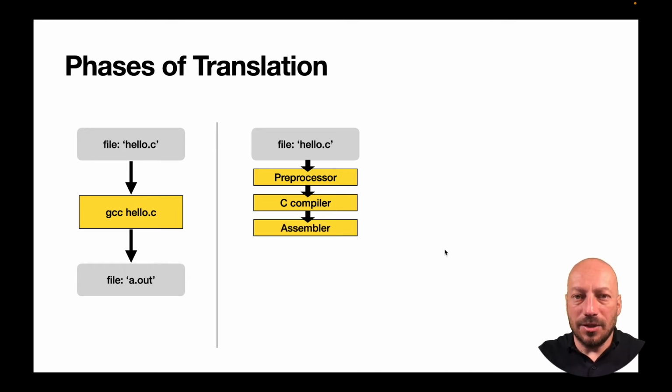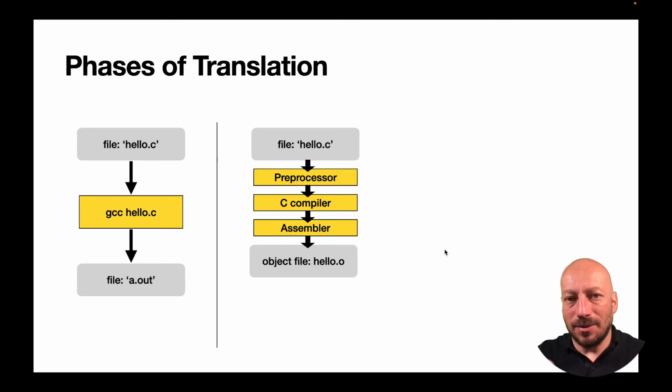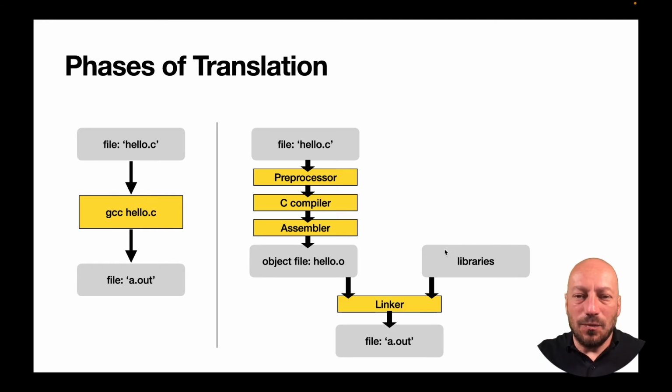And this assembler will not generate the executable, it generates an object file which already has machine instructions, but it's not executable because there is still in general something missing, which then be added, or the right term would be linked by the linker. And what gets linked are certain libraries. And the result of the linker then gives you this a.out.